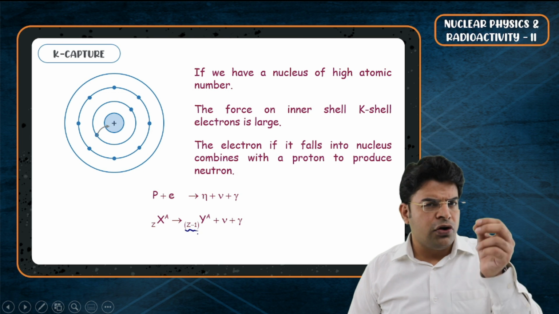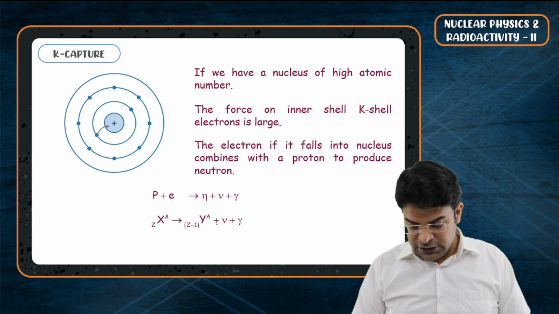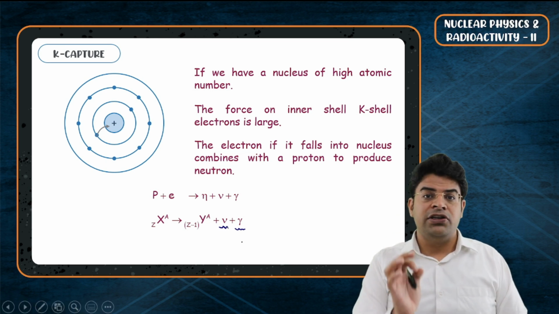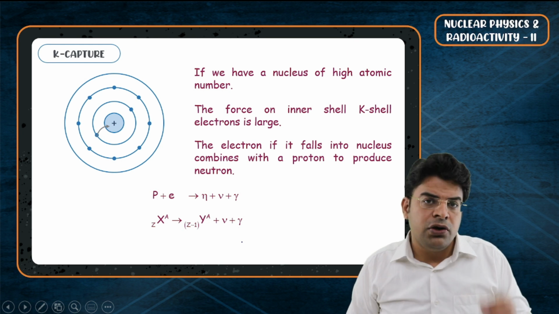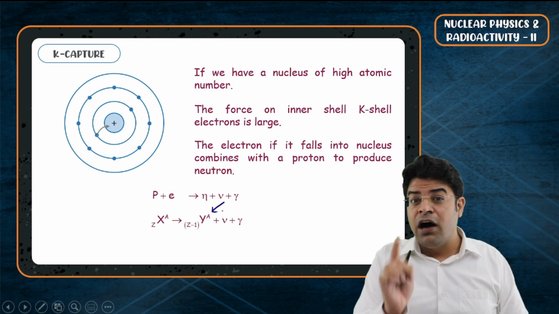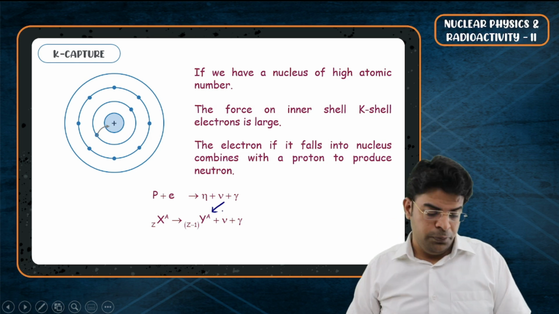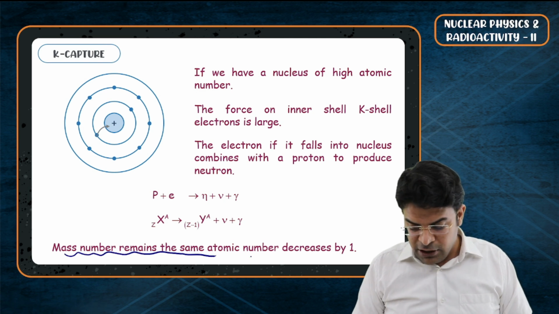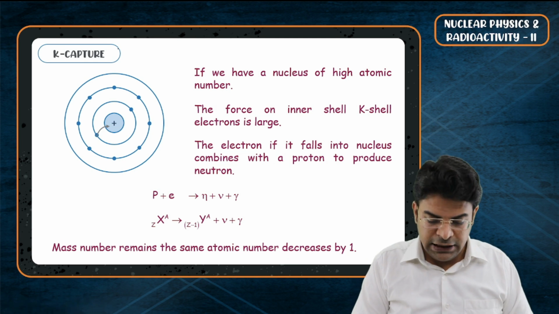Since the number of protons has changed, so will the symbol. The mass number remains the same. Plus you get a neutrino coming out of the nucleus plus a high energy radiation. So whatever we have learned till now in decays, better understand that only in alpha decay the mass number changes, and for every alpha decay the mass number reduces by 4 and the atomic number reduces by 2. Now better understand that the mass number remains the same and the atomic number decreases by 1 when a particular atom shows K capture.